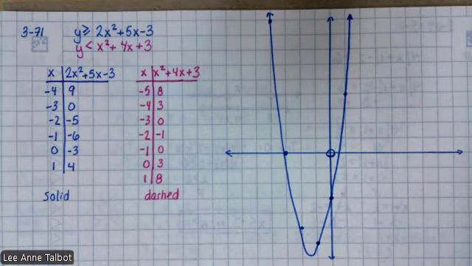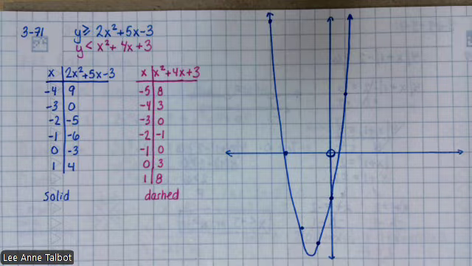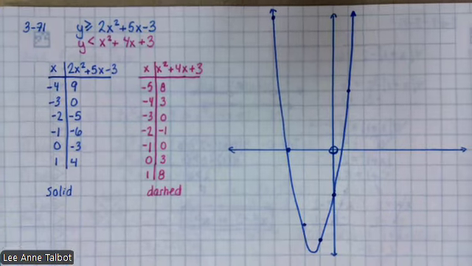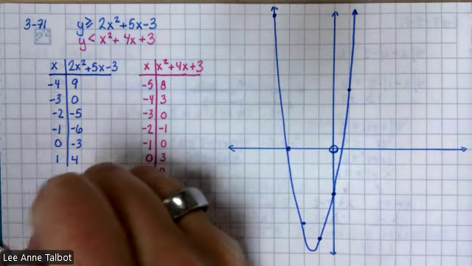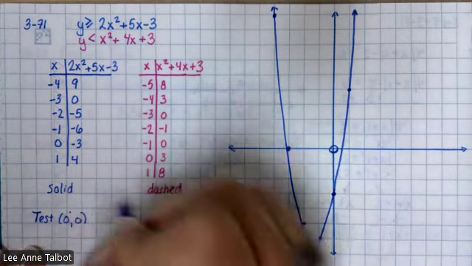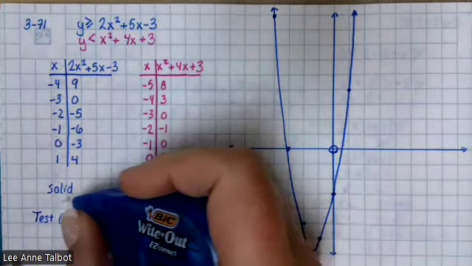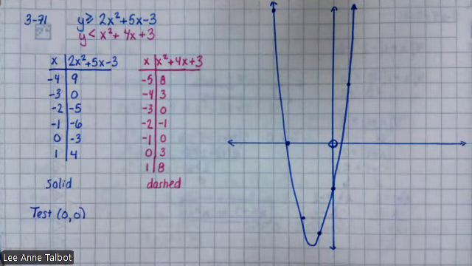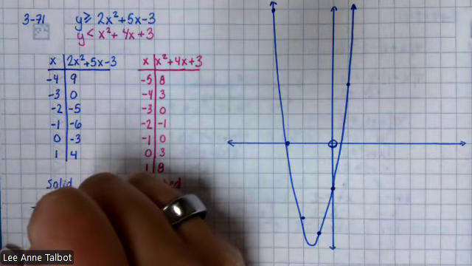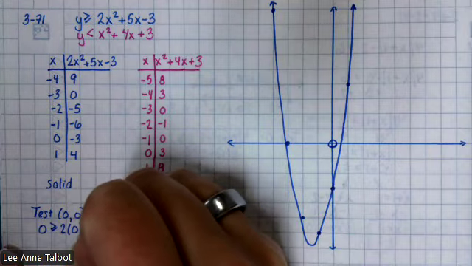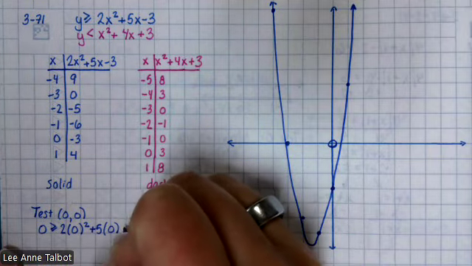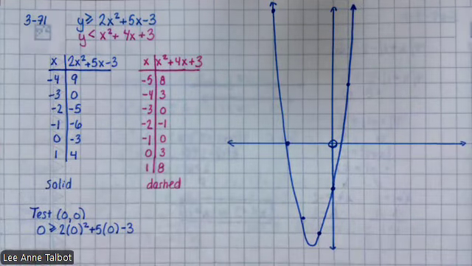Okay, now the next question I have is, is 0, 0 clear enough where it's either inside or outside the parabola? I think so. Can you guys tell that it's inside? Okay, so 0 is greater than or equal to 2 times 0 squared plus 5 times 0 minus 3.